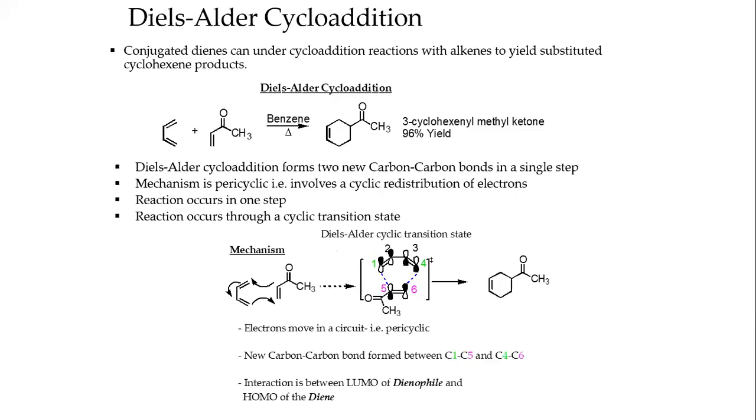So this is a basic Diels-Alder reaction with 1,3-butadiene. In order for you to do the Diels-Alder, you have to have a conjugated diene, right? That's one of your main reactants. You have a conjugated diene, and then you have some dienophile. That dienophile doesn't have to be a double bond.